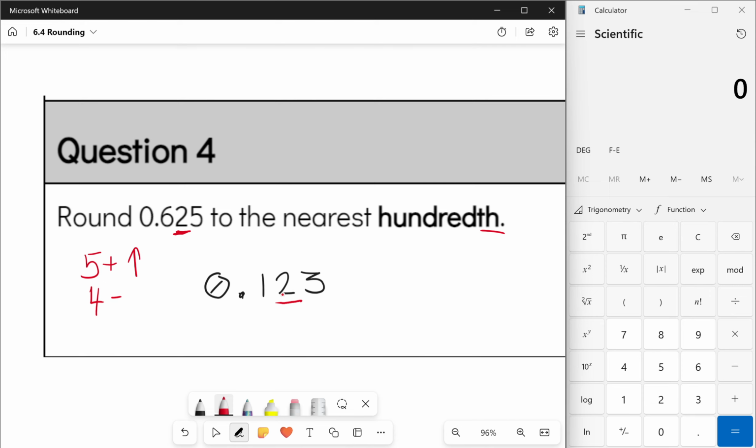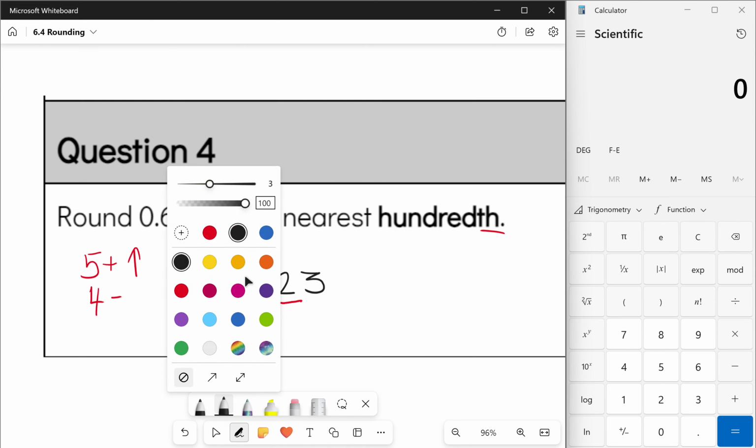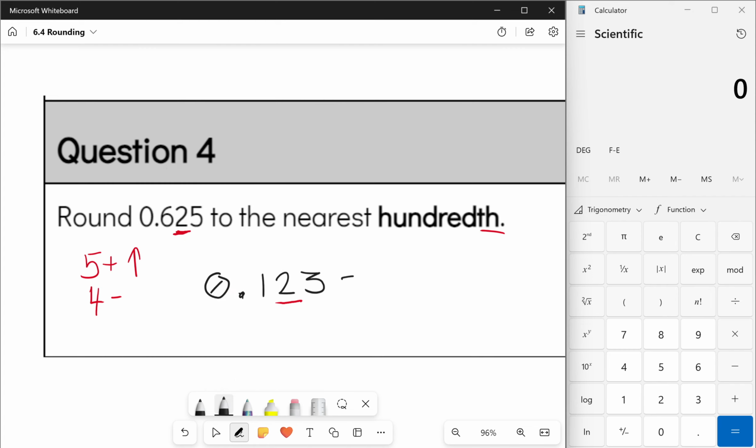My rule doesn't say it goes down, and it certainly doesn't go up because that's not a 5 or more. So if I wanted to round to the nearest hundredth, it becomes 0.12. I rounded to the nearest hundredth.